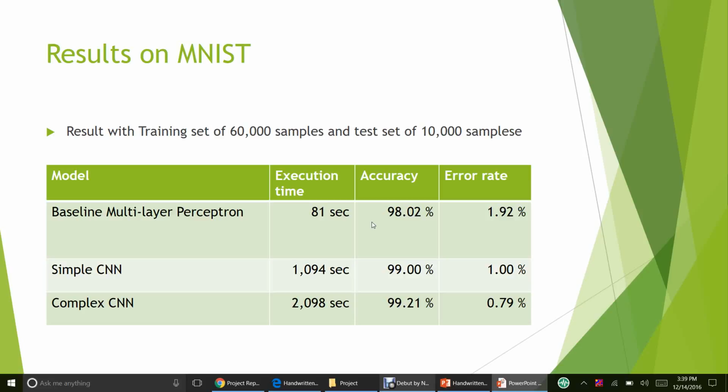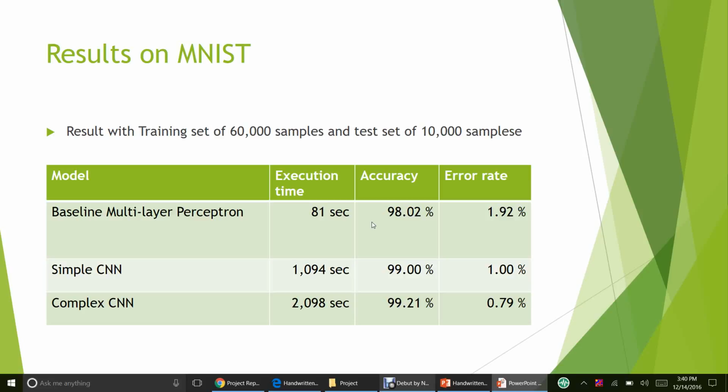Then we implemented a simple CNN with an input layer, a convolution layer, a pooling layer, and an output layer. So this was a basic CNN. It has 99% accuracy, but a huge execution time of 1000 seconds.